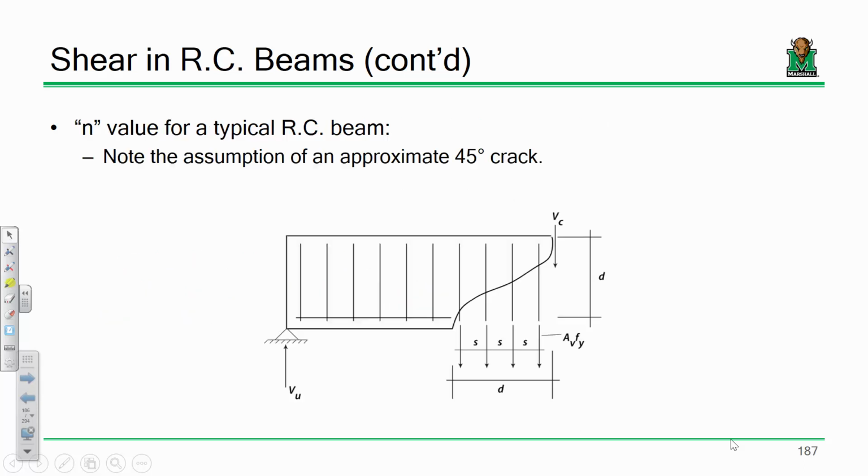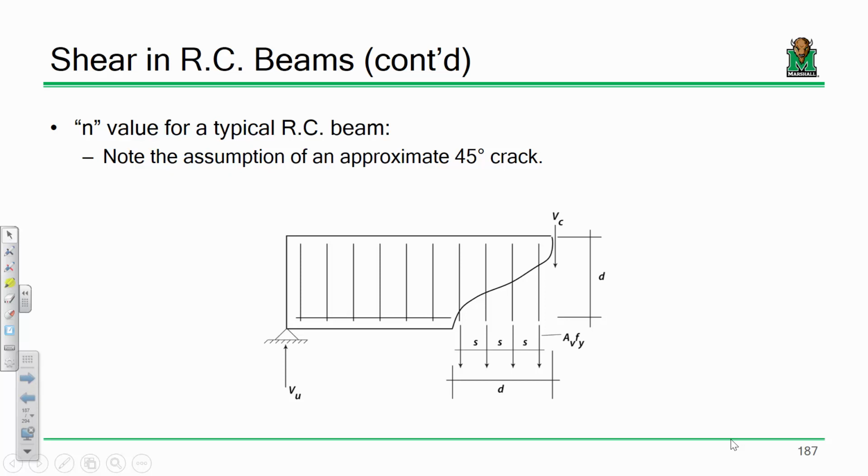Okay. The first thing I want to explain is this term d over s. This term d over s is trying to figure out how many stirrups cross a given crack. Let's say, for the sake of discussion, and bear with my artwork here, that here's my beam. I've got my reinforcement right here. Here's my stirrup.